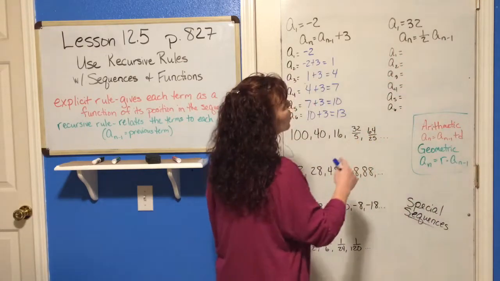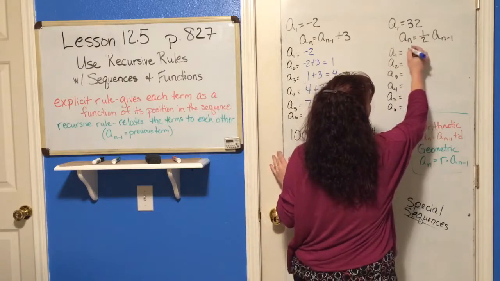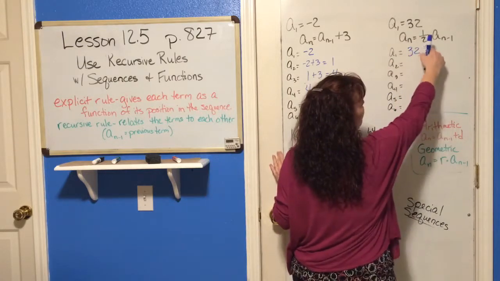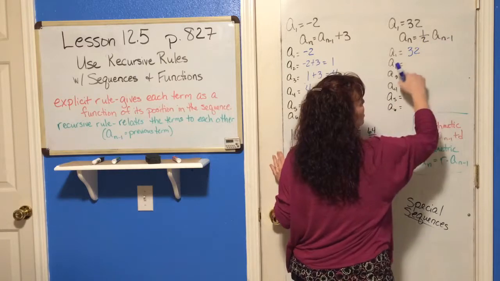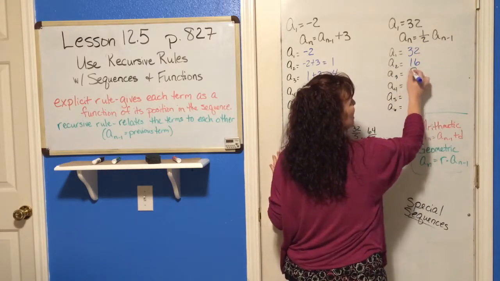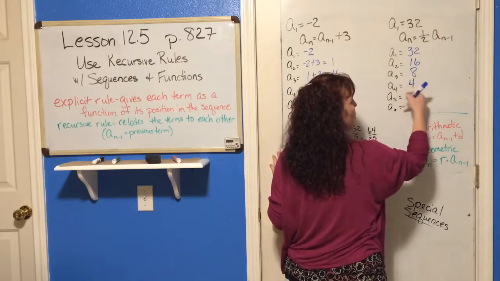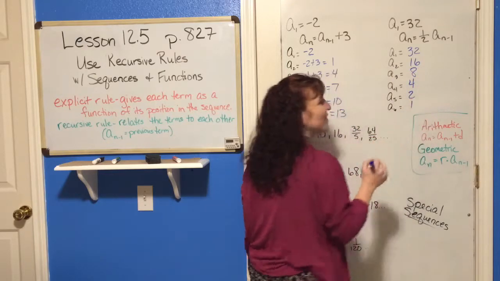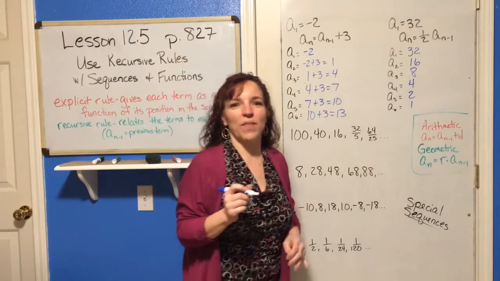All right, so in this case, the initial amount is 32, and my rule is half of the previous amount. So half of 32 is 16, half of 16 is 8, half of 8 is 4, half of 4 is 2, half of 2 is 1. All right, and so that's how you would evaluate that one.